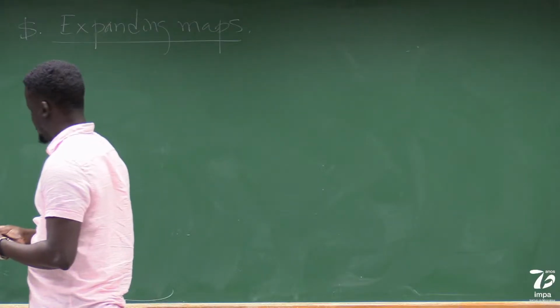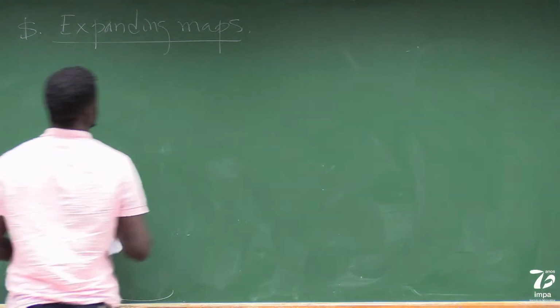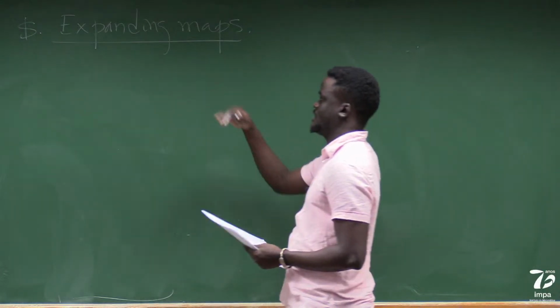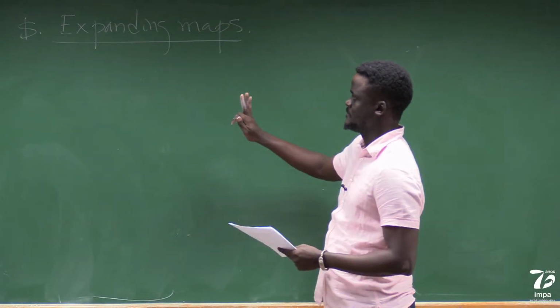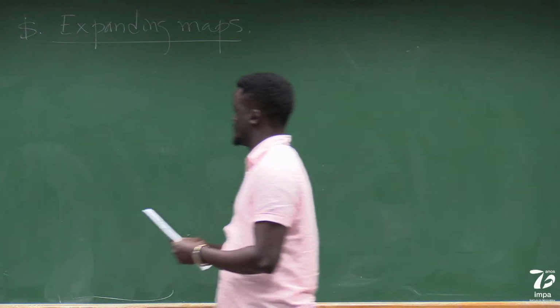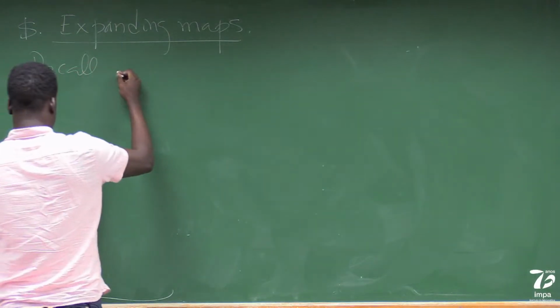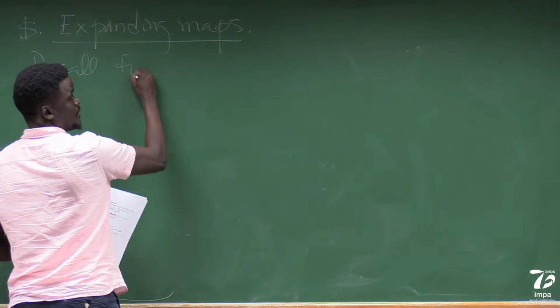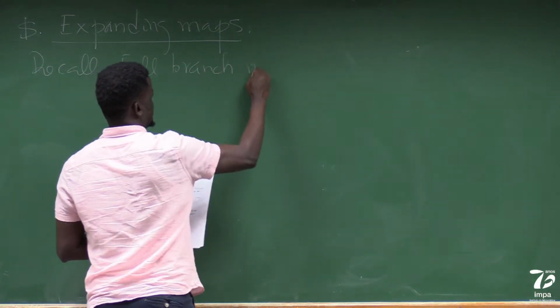In the book, the authors treated the 10x, the decimal expansion, the Gauss map, and so on. So I will just give a method that works for all full branch expanding maps. Okay, so I will recall the full branch map.